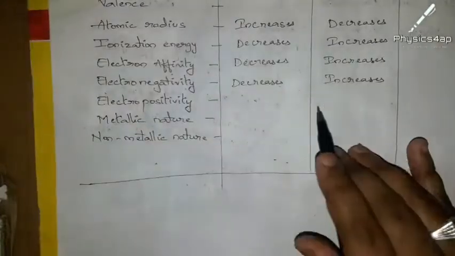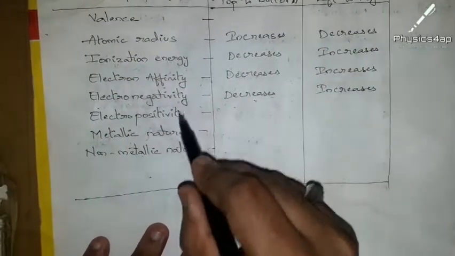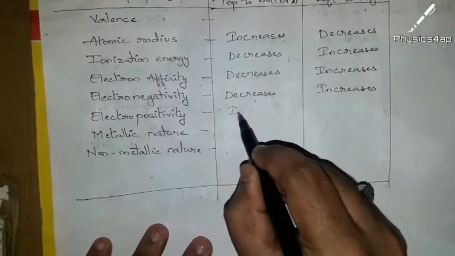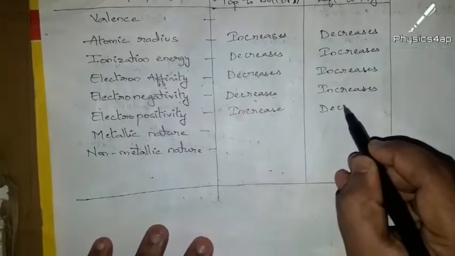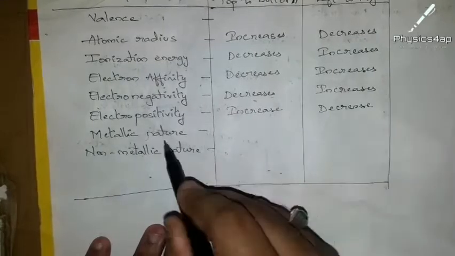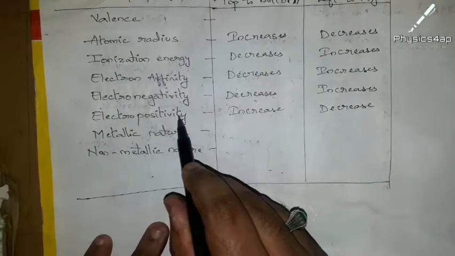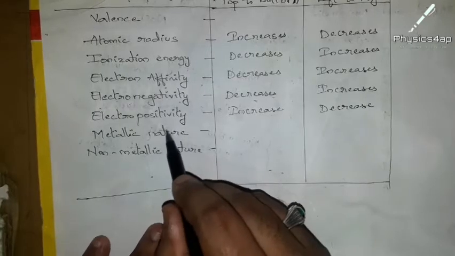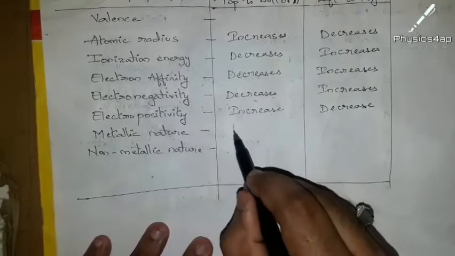And coming to the metallic nature, the elements which have electropositivity have the metallic nature. That means the electropositivity and metallic nature are both the same. So increase and decrease. And coming to the non-metallic nature, non-metallic nature is nothing but the electronegative nature, as we have discussed earlier.